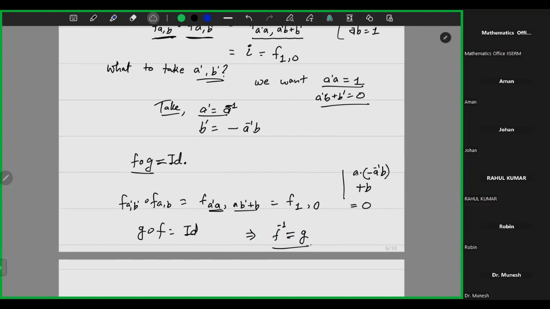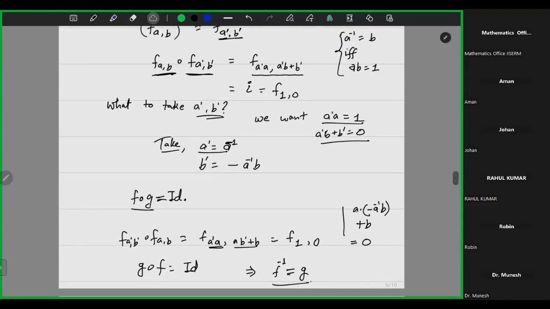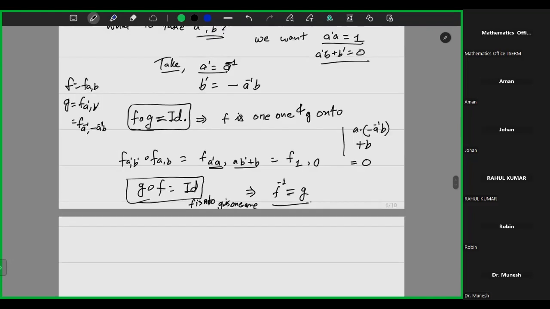Now in the first hand, if you see, we got F composite G, where F stands for FAB and G stands for FA prime B prime. From here it is also clear that F inverse exists and it is G.